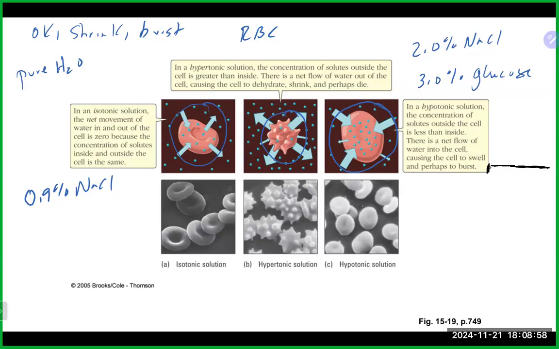Okay, so let's take a look. So again, to make that decision, you should know that isotonic is 0.9% sodium chloride and 5% glucose. So when we look at our guy over here, which is 2% sodium chloride, that is definitely higher than 0.9.